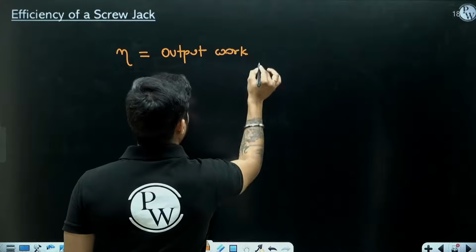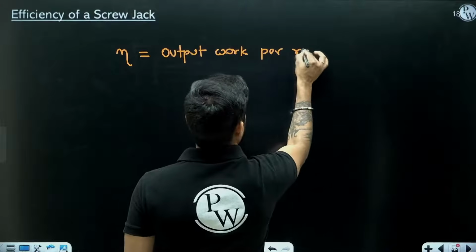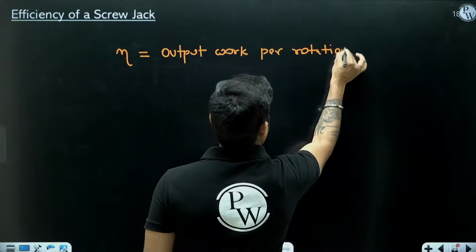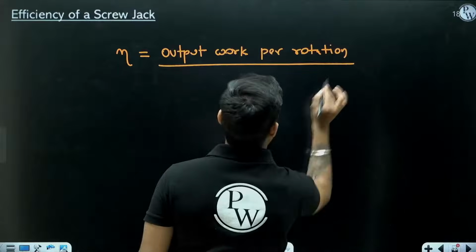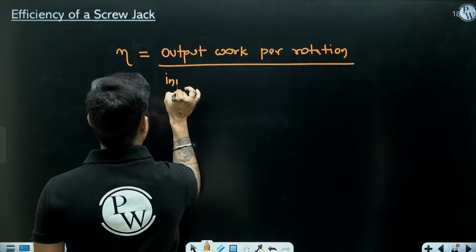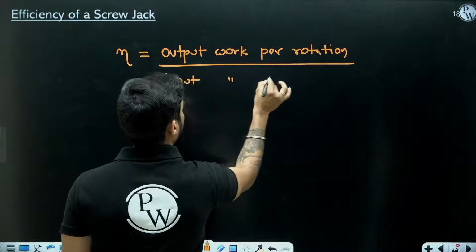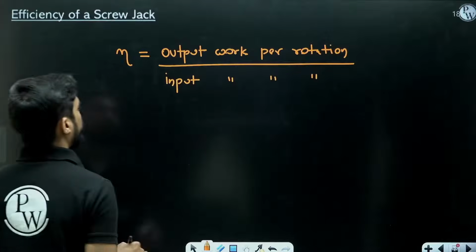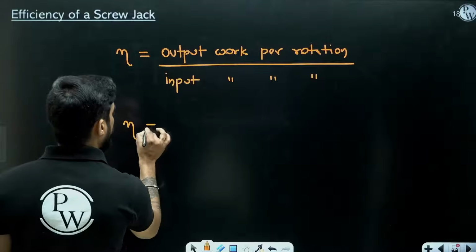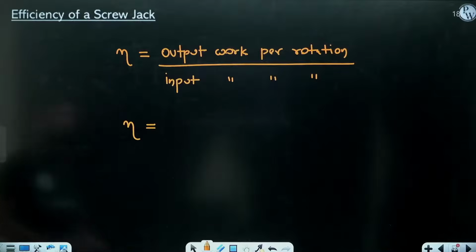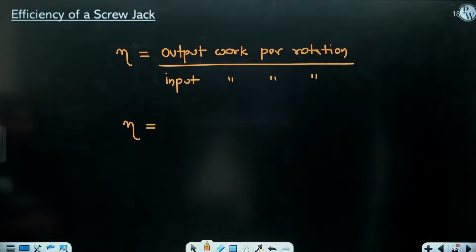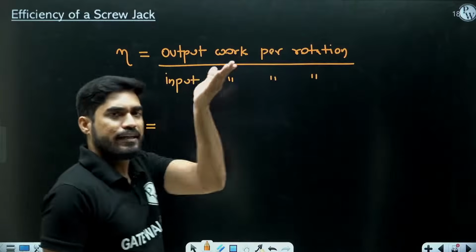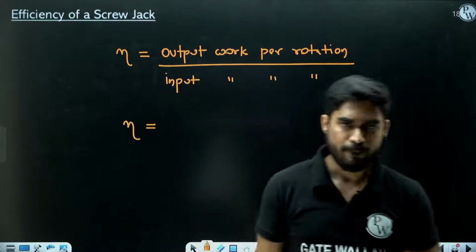Okay. So efficiency will be output work done per rotation of the screw divided by input work per rotation of the screw. Now what is output work per rotation? What is our output? We are lifting the weight W, that is our output, na?